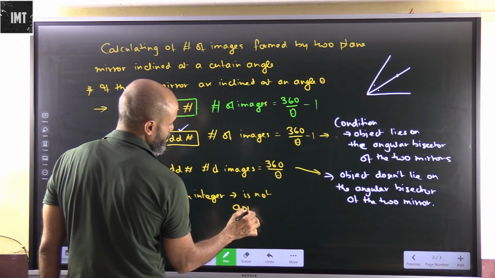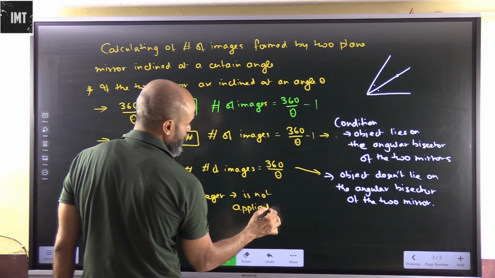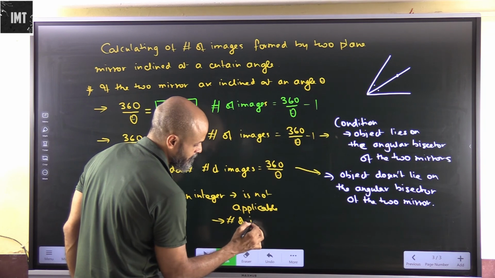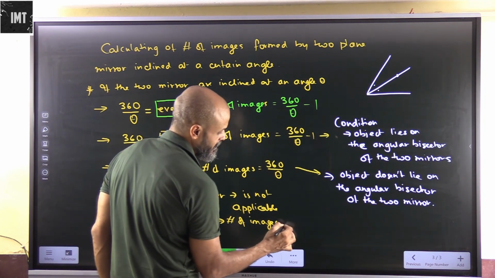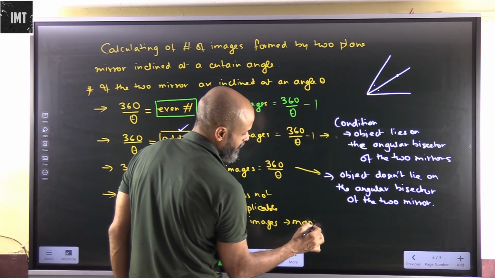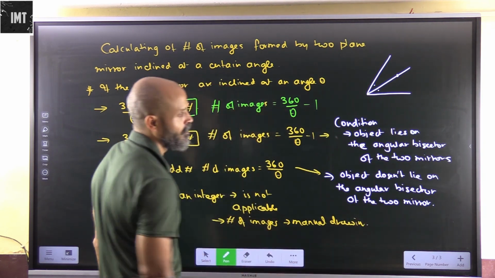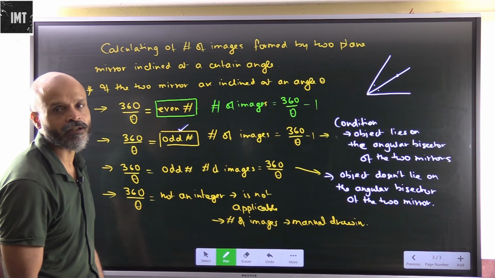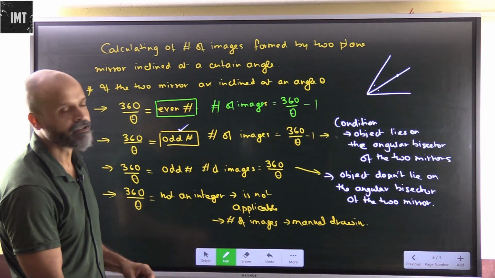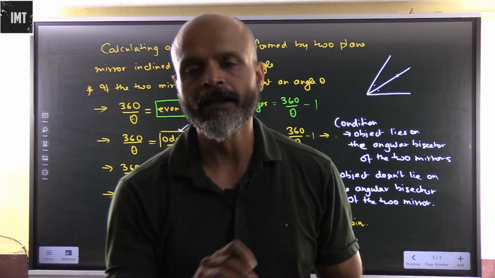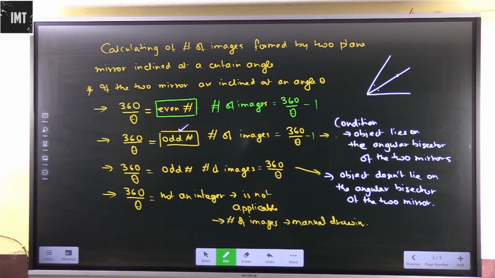We have to find out the number of images by manual drawing, and hence the concept of drawing is important. This is how the applicability is for the mirrors which are inclined at a particular angle with each other.